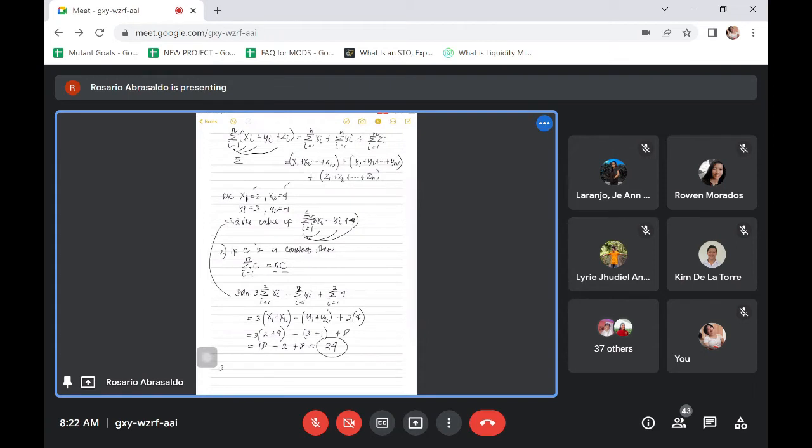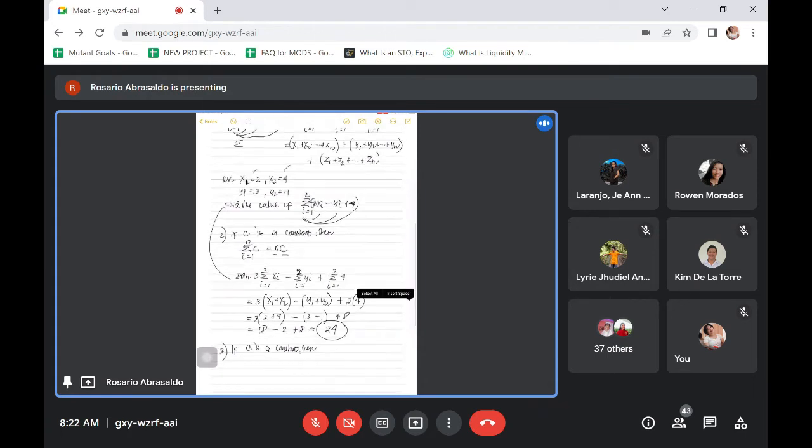Another formula, since we have 2 formulas here. If C is a constant, we apply this formula here: the summation of a constant C times x sub i, where i is from 1 to n. Apply it to the first variable with a constant 3.